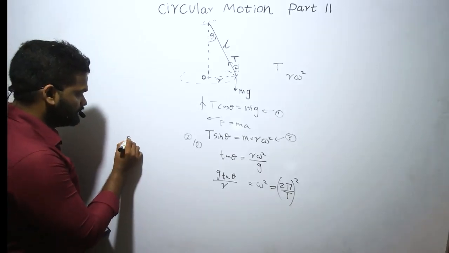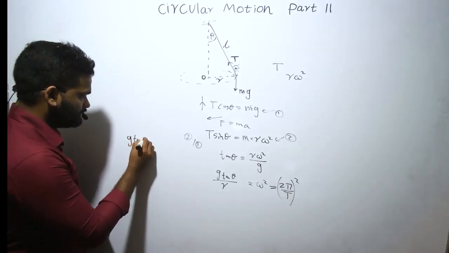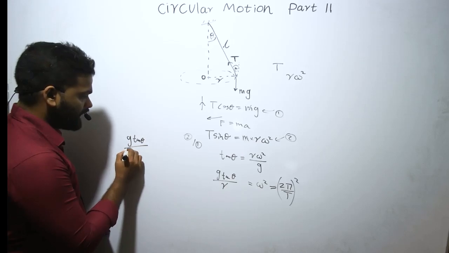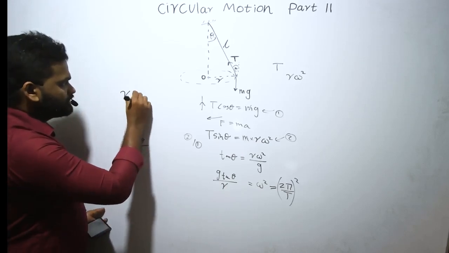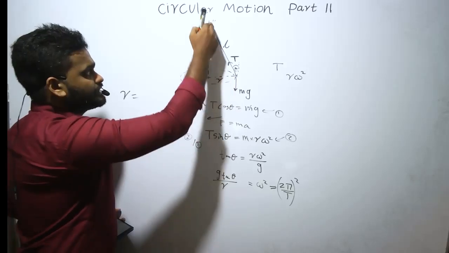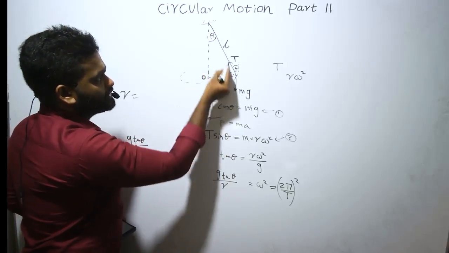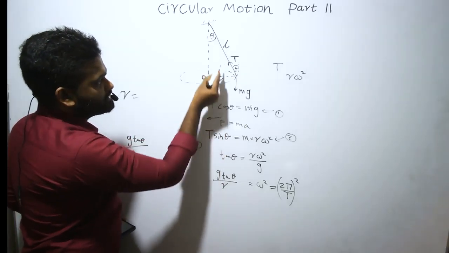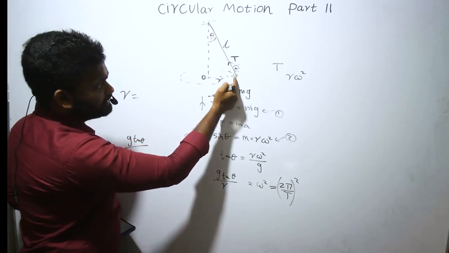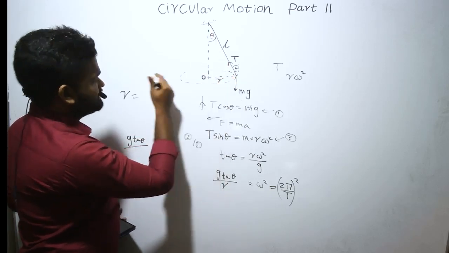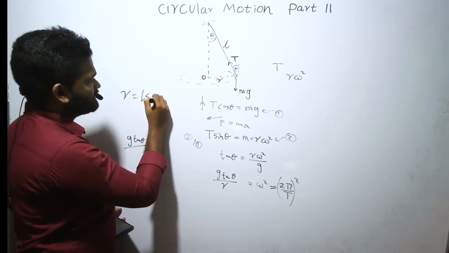So we have g tan theta divided by R. For the R, I'll substitute. You can see from this triangle, R is what? This is the opposite side, this is the hypotenuse, which should be L. So R is equal to L sine theta, right?